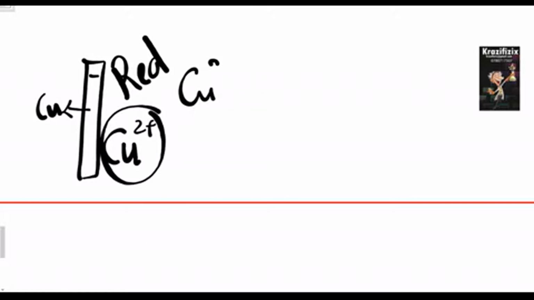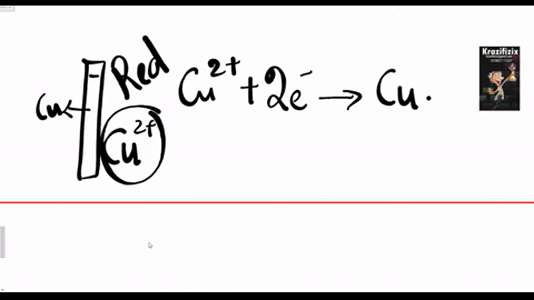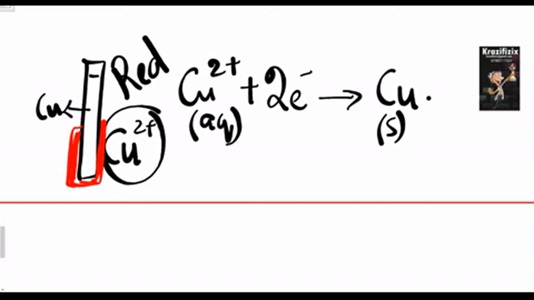Cu2 plus will be reduced to copper solid, which means this is in an ionic state, while this is a solid state. We would have Cu beginning to appear here, the solid material beginning to appear on this electrode. This will definitely mean an increase in mass.